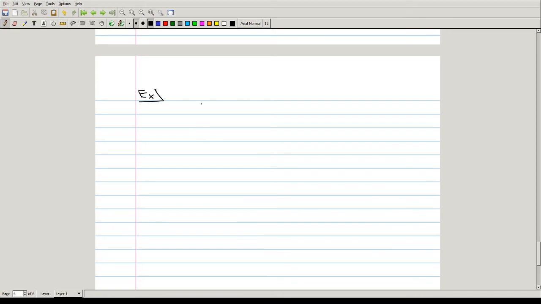So let's take a look at the vector field given by F equals y over x squared plus y squared times negative 1, plus, and the y component is going to be x over x squared plus y squared.